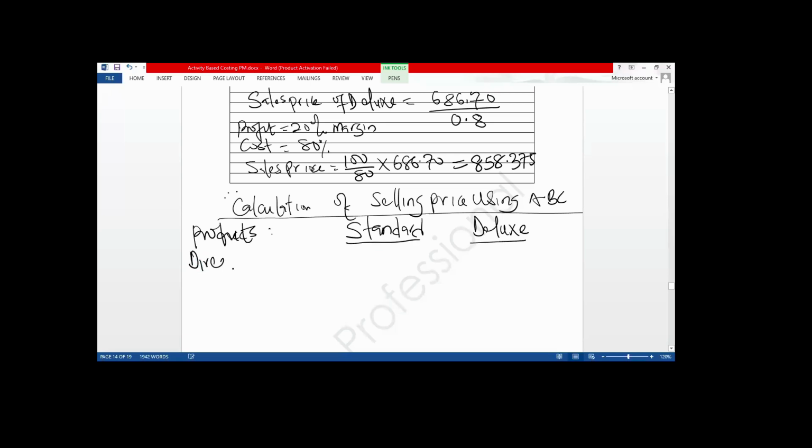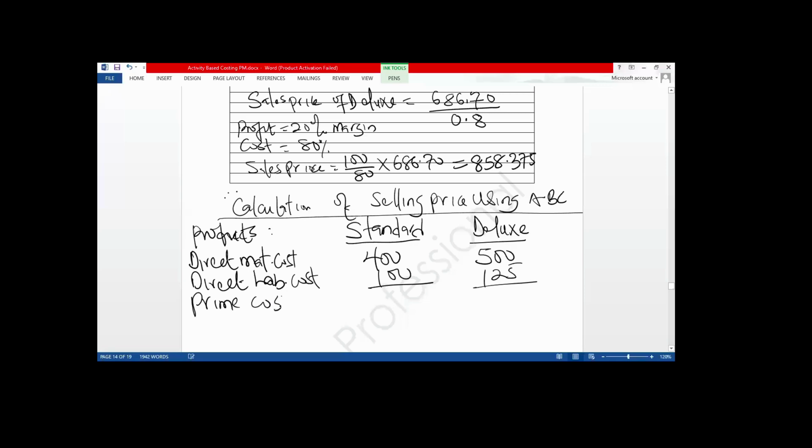The raw material cost will not change. This is 400, this is 500. The labor cost will also not change. This is 100, 125. So the prime cost is 500, 625.